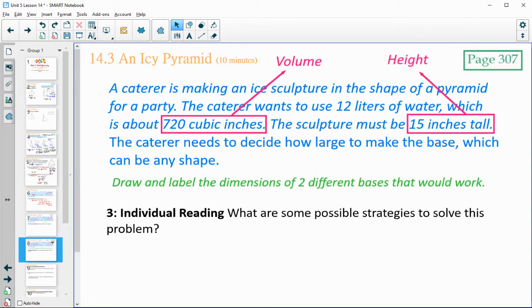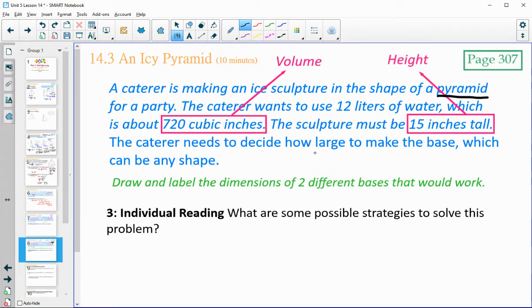All right. Then here's the actual question. Again, a caterer is making an ice sculpture in the shape of a pyramid. So we've got a pyramid. The caterer wants to use 12 liters of water, which is 720 cubic inches of volume. The sculpture needs to be 15 inches tall.